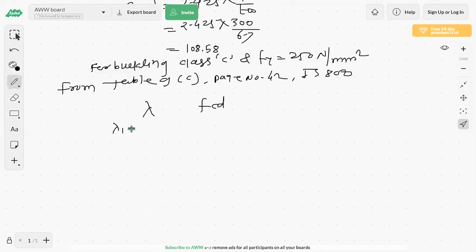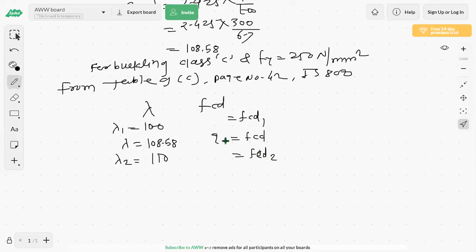Lambda 1 is 100 and lambda 2 is 110, and the lambda value is 108.58. Tell me FCD1 and FCD2. How much is FCD1?